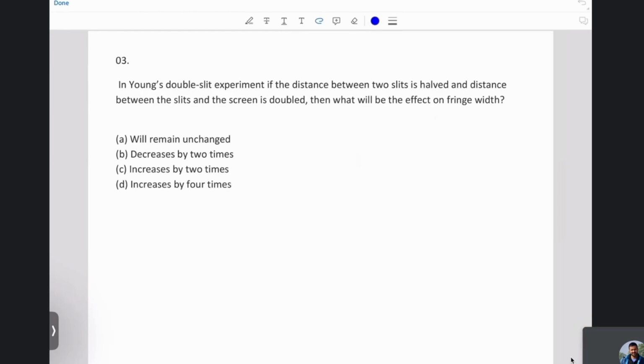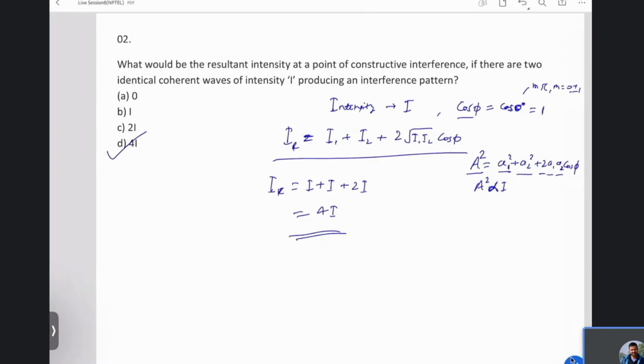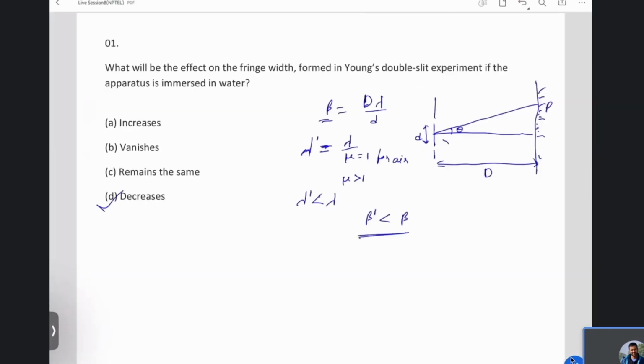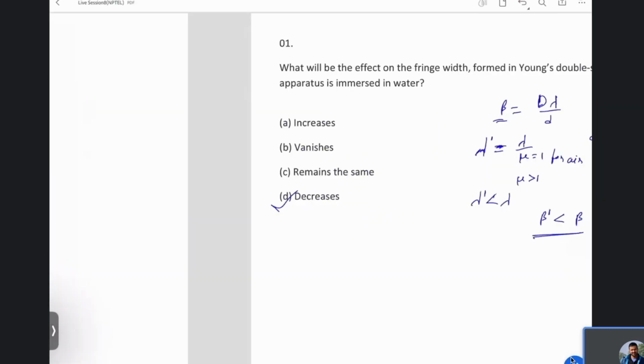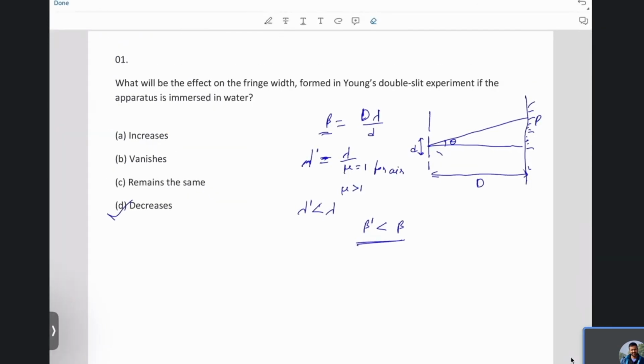Okay, so in the previous question, I wrote this formula for fringe width.